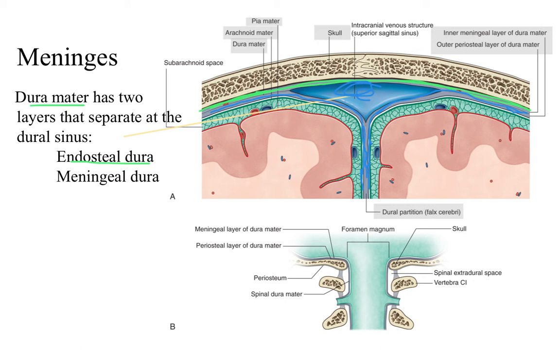And so down here we see the spinal cord and the dura mater, and then it going into the brain and showing the continuity of the dura mater. And notice it's only one layer in a spinal cord. The second layer is actually coming from the bone. So it starts there with the bone and goes along the inner lining of the skull, whereas the meningeal dura is going to come directly from the spinal cord.